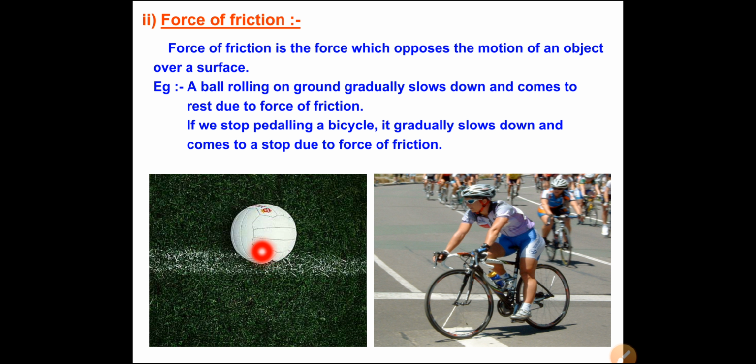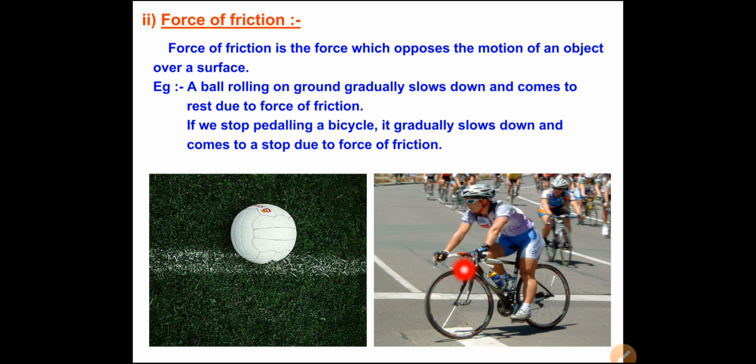So when the ball is in motion, the surface of the ground exerts a force on this ball, and this force opposes the motion of the ball, so the ball comes to rest.